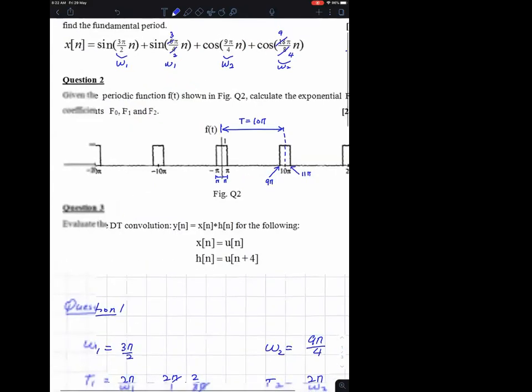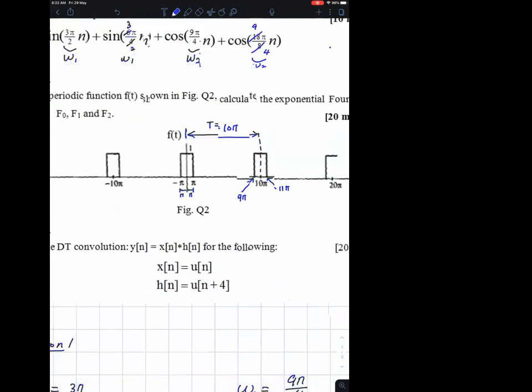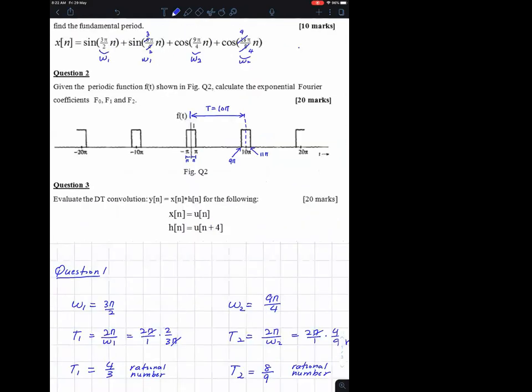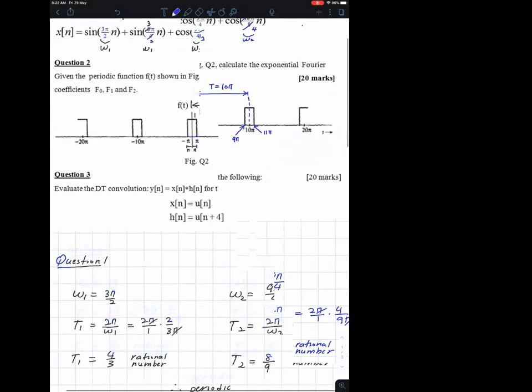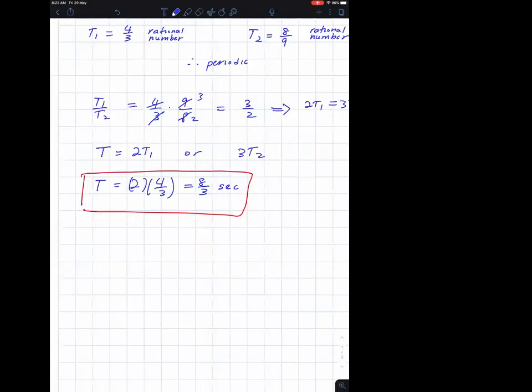Okay, so you know your period. So you know the pulse width and the pulse amplitude. So let's go and calculate this for question B, question 2.